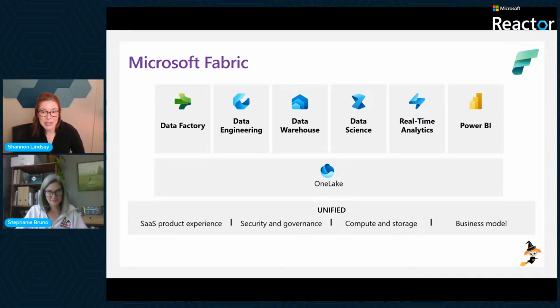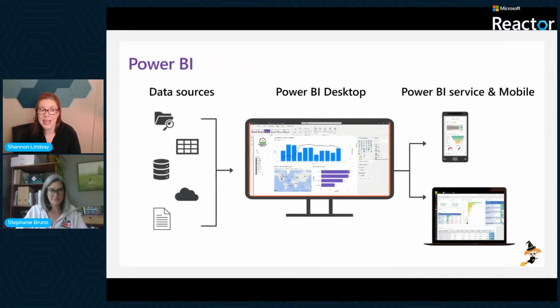But before we can present the data, we have to make sure that it is manageable and that it is in shape for us to be able to share the data in a way that people can draw insights from it. So the important thing to know here is just that in the flow of Power BI development, we are getting data from somewhere. That's what we're going to talk about today.